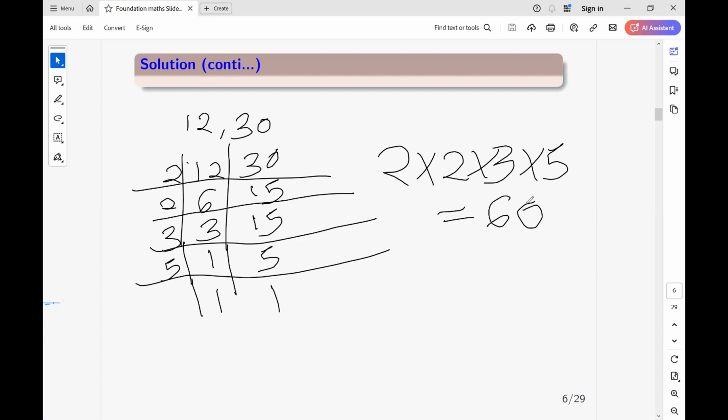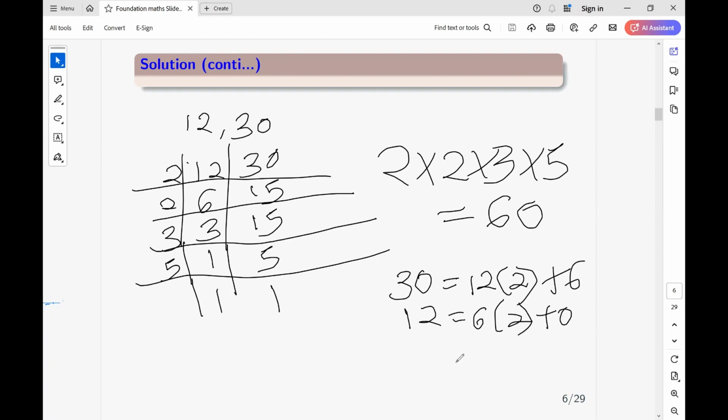Then you're supposed to get the LCM, and the second part is to compare. So we also now get the GCD. I used the equation. 30 equals 12 twice plus 6, and then 12 equals 6 twice plus 0, so the last non-zero remainder is 6.